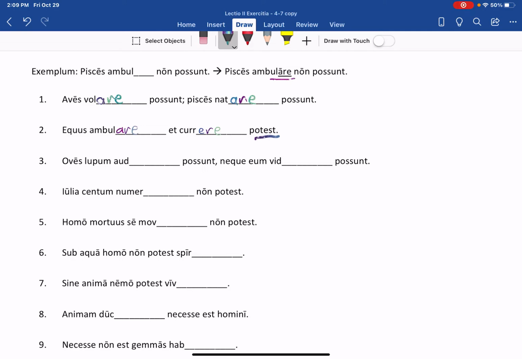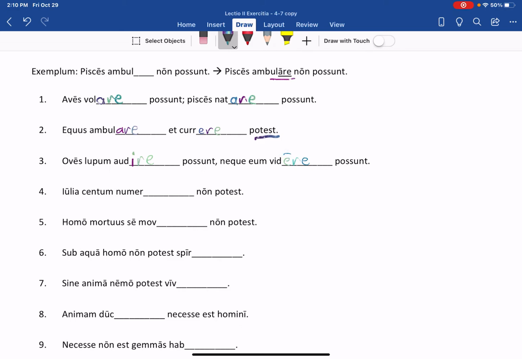Oves lupum blank possunt, neque eum blank possunt. Oves lupum audire possunt, neque eum videre possunt.